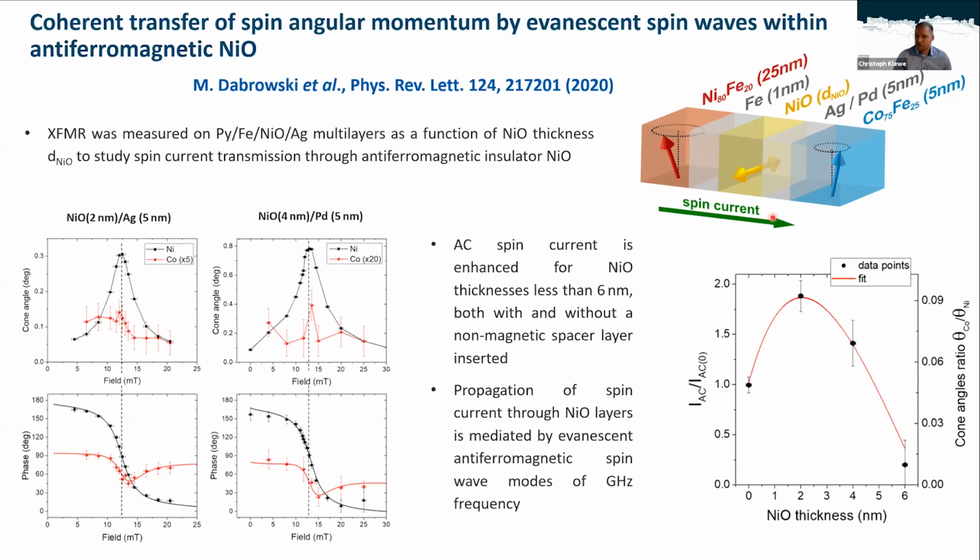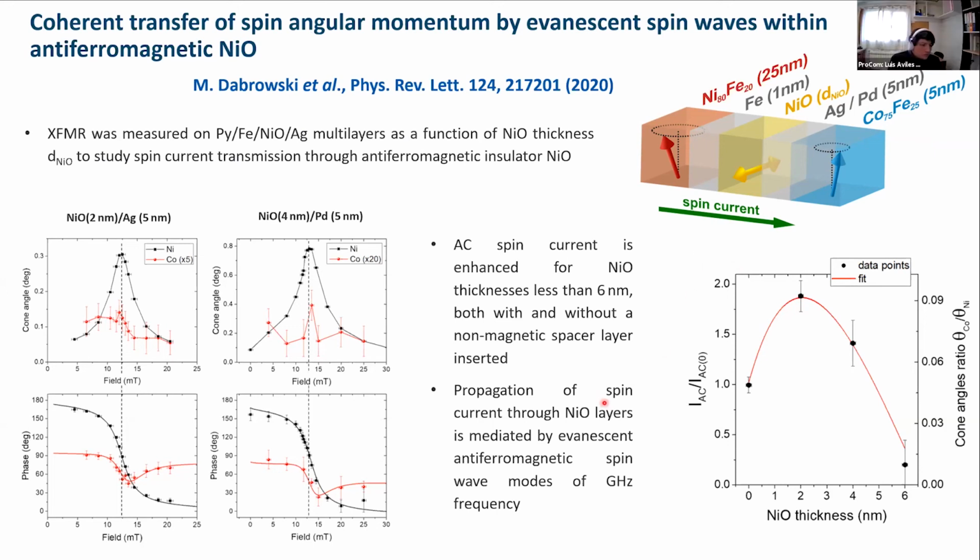But here we see this enhancement at roughly 2 nanometers. I could only speculate on different effects. It could have something to do with a better interface transition, but it is not entirely clear yet why we see this.